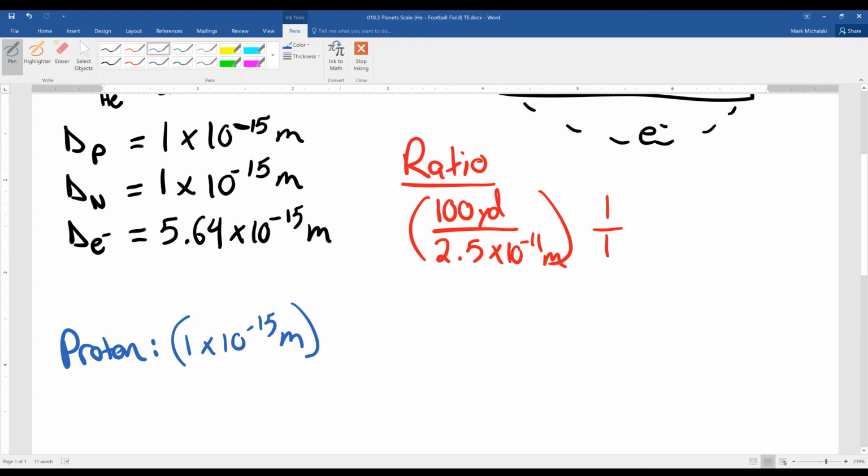I need to take that actual size and multiply it by my ratio, which is the 100 yards per every 2.5 times 10 to the negative 11 meters. I'll write a little note that this is my actual and this is my ratio. When I multiply my actual times my ratio, I get my scale size.